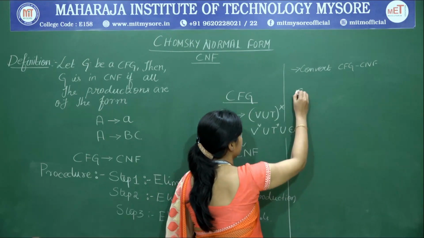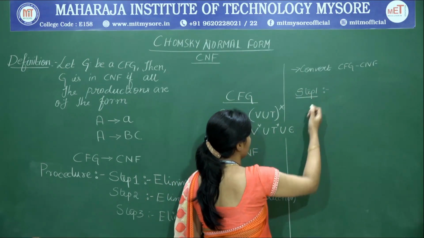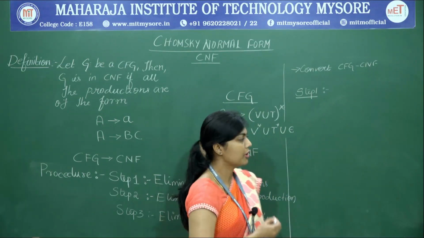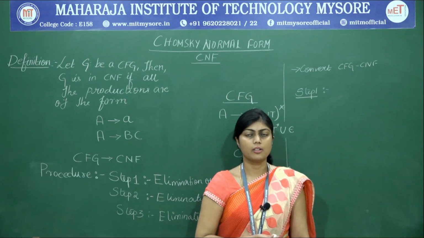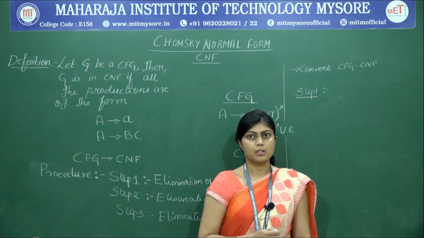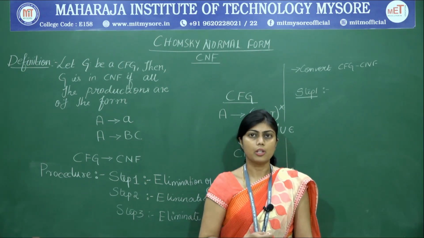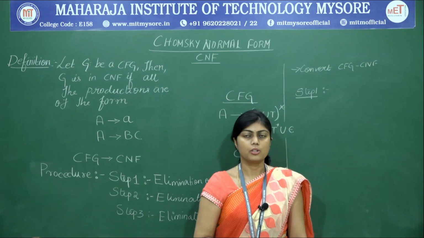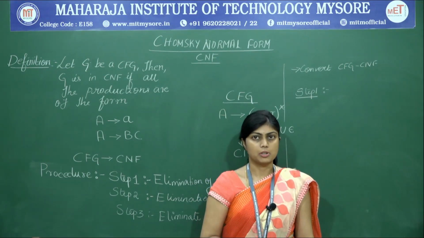So what do we do in step 1 of conversion? Step 1 of conversion is going to take up every production rule which is of length greater than or equal to 2, and we are going to replace every terminal in those productions by a new variable, and we add the production of the new variable which goes to the terminal symbol that we have substituted.